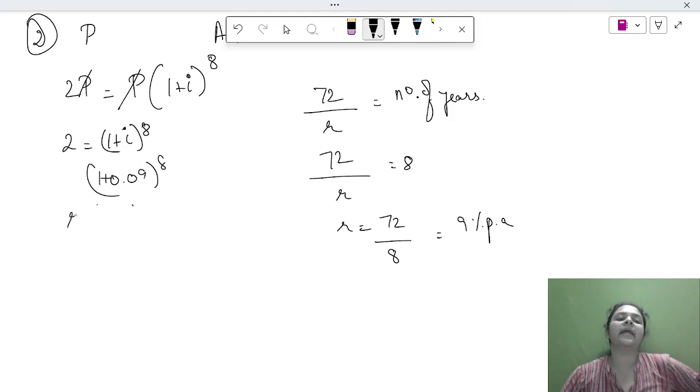So the rate of interest is matching, correct? So you can adopt directly this rule.